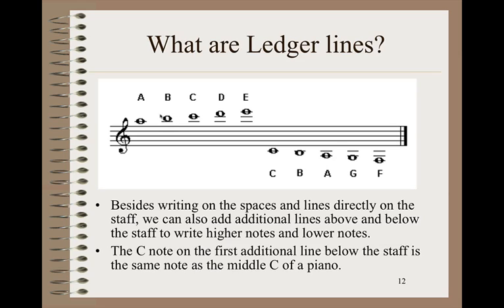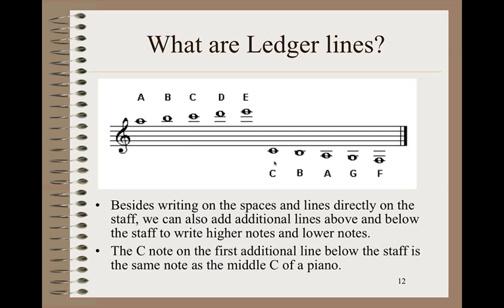We don't add another line above it, and we don't add another line above that D. And the reason for that is that the less black on the page, the easier it is to read these different notes, because you need to be able to read these notes fairly fast.